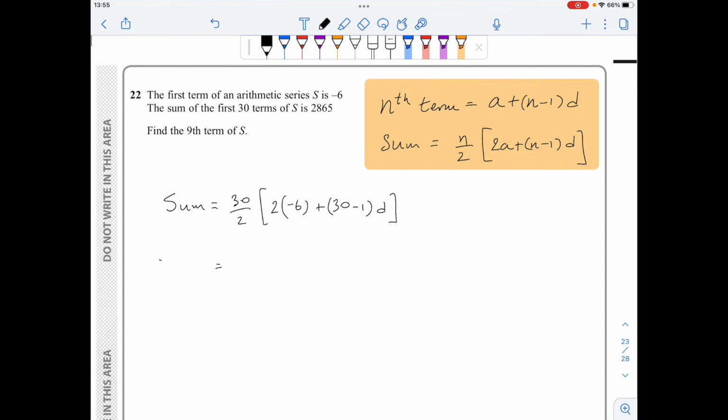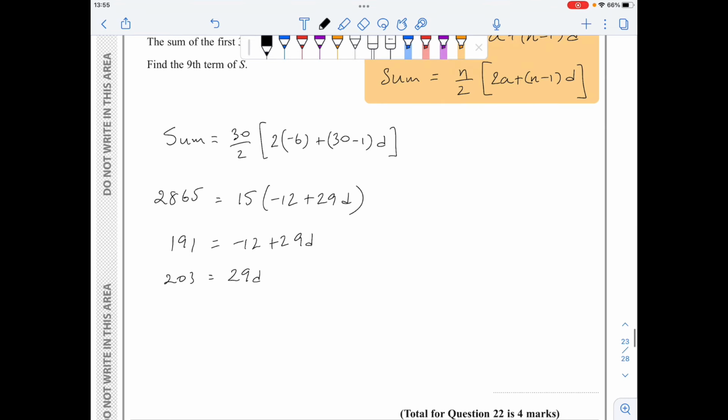Now for the sum, I've got 2865 equals 15 times minus 12 plus 29d. I'll divide both sides by 15, so 191 is equal to minus 12 plus 29d. 203 is equal to 29d. d comes out to be 7.